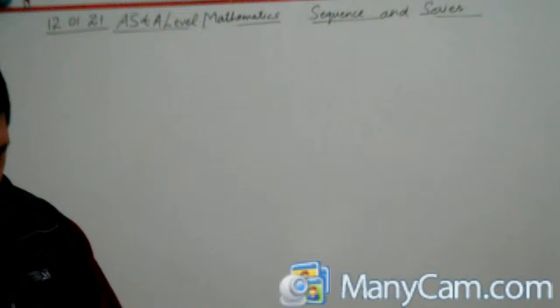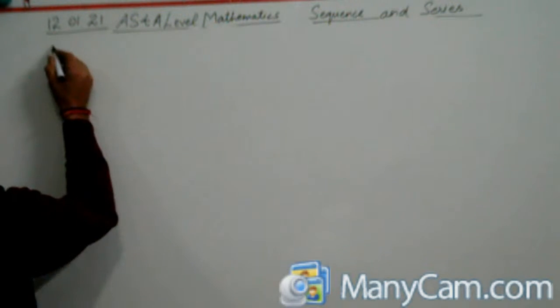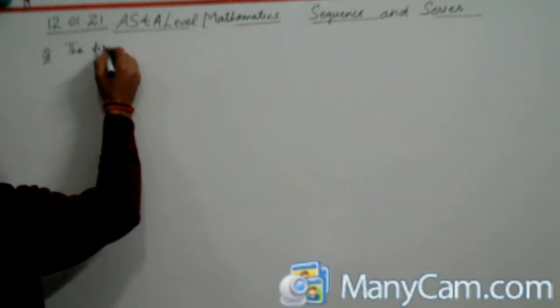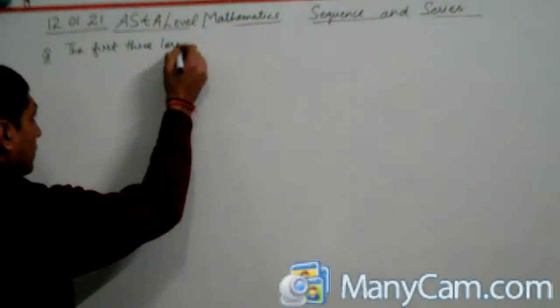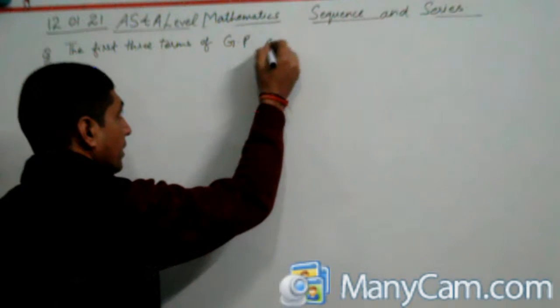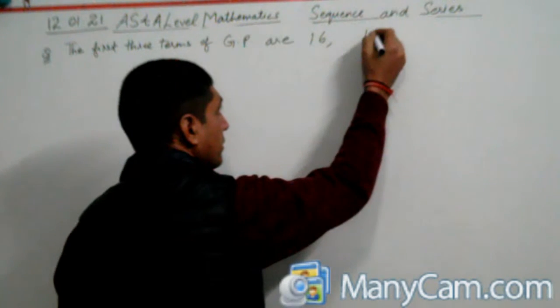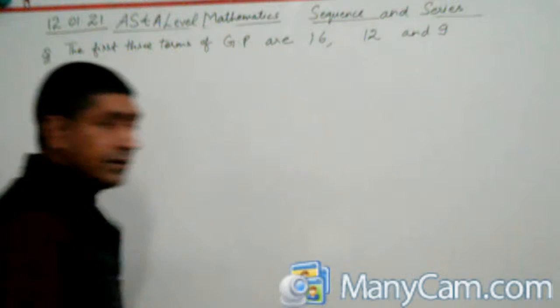The first three terms of an infinite geometric progression are 16, 12 and 9, right?